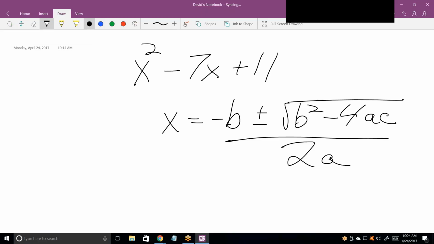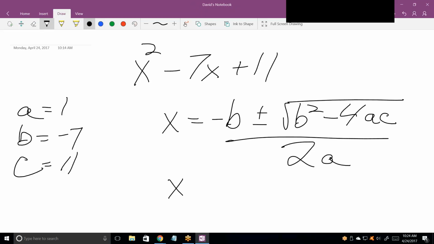Now, for the quadratic that I've written, what is A, B, and C? A is 1. B is -7, and C is 11.